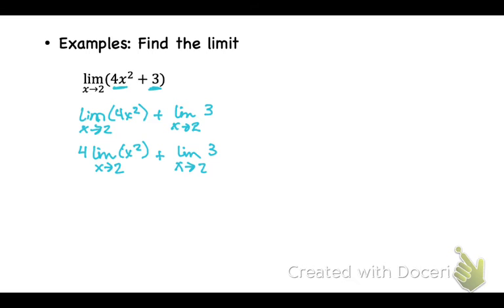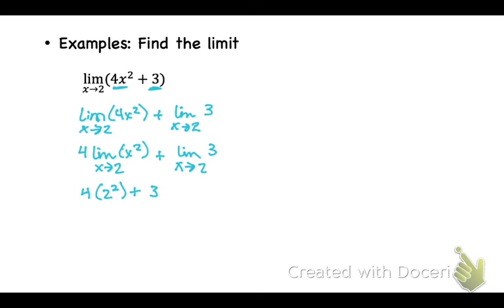Okay? So, well, we learned that's rule 3 on the limit of x squared, right? How do I find it? I just plug in the 2, don't I? So I have 4 times 2 squared plus, and rule 1 told me the limit of 3 as x approaches 2 is 3.